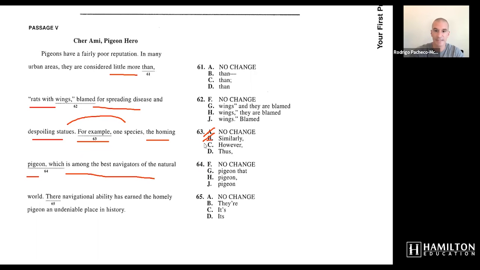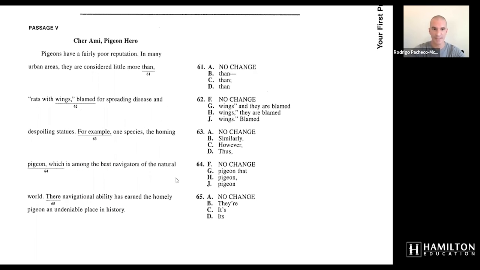However, C, this is our correct answer because "however" is used for contrast. And "thus," D, we would rule out because "thus" is used for cause and effect relationships. And again, that's not what we have here. We have a contrast.